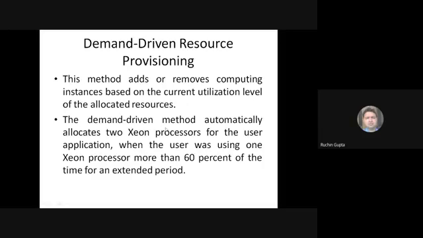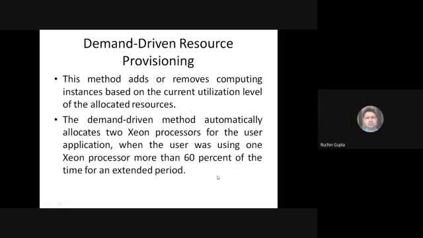For example, the demand-driven method automatically allocates 2 Xeon processors for the user application when the user was using one Xeon processor for more than 60% of the time for an extended period.